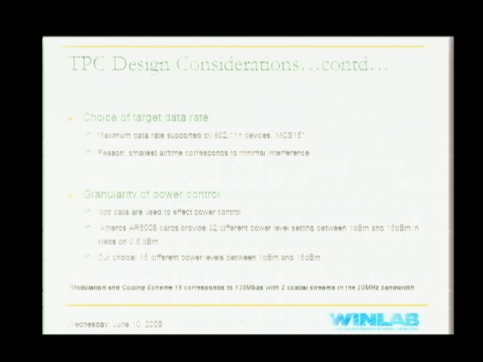Then coming to the granularity of power control, this is closely tied with what MCS 15 means. Modulation and coding scheme 15 corresponds to 64 QAM modulation and 5/6 convolutional code rate. So your target data rate is always 130 megabits per second.